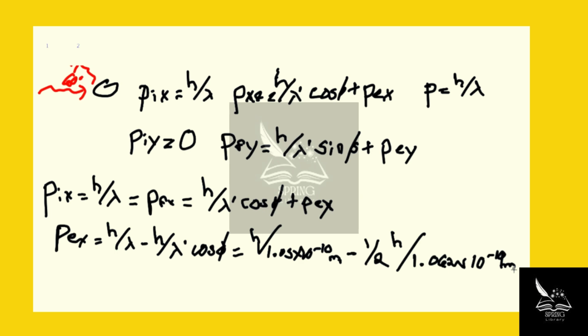And solving this using that value of h from the last screen, we get P e x is 3.191 times 10 to the negative 24 kilogram meters per second.